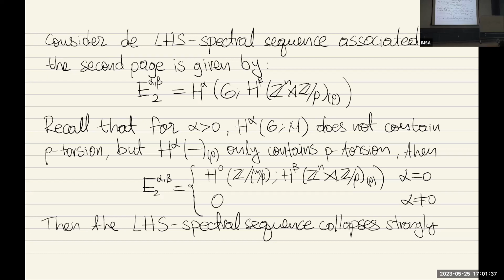And we also know that this zero cohomology group is just the invariants of the module, the module that in this case is the cohomology of the group with Z_p coefficients. Okay.